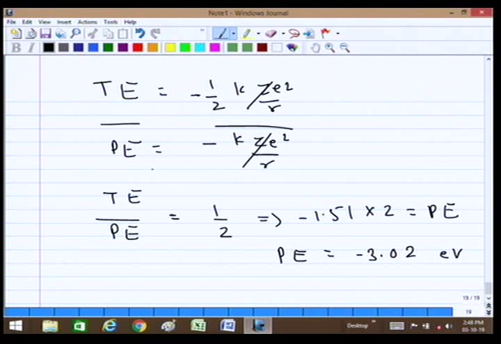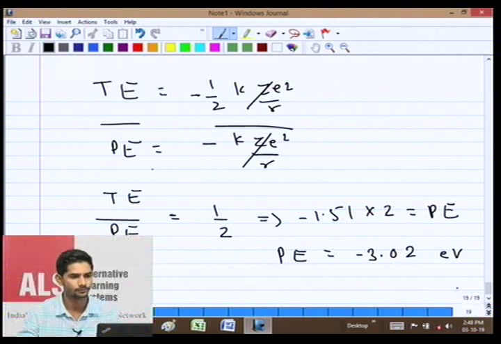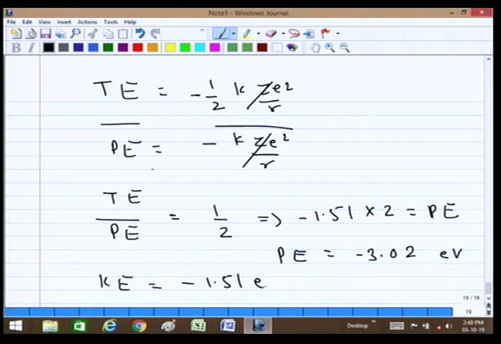Okay, very good. This is the answer for the kinetic energy, 1.51 electron volt. Any confusion or doubt in this question? Shillong, Senapati? Is it clear to you guys?